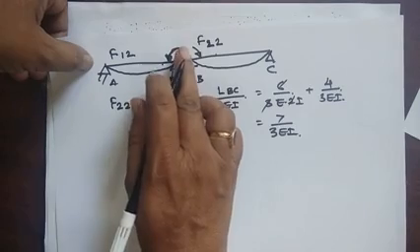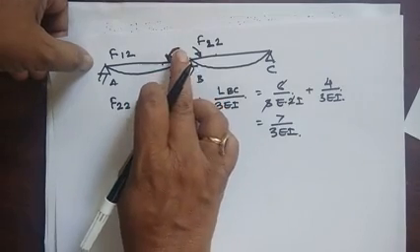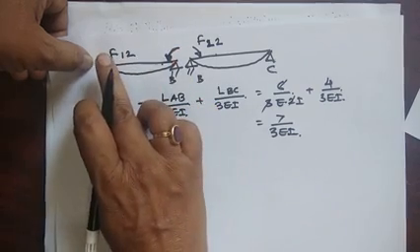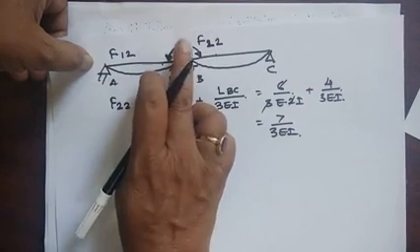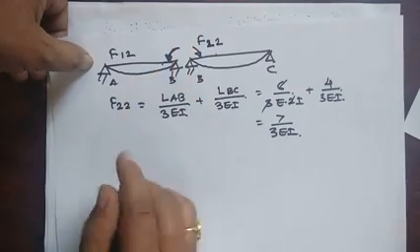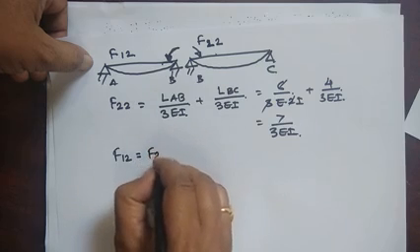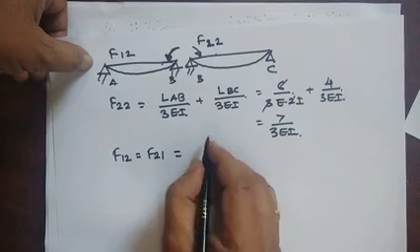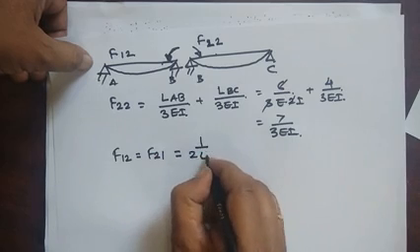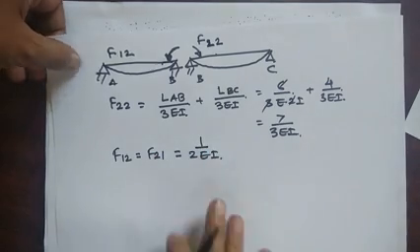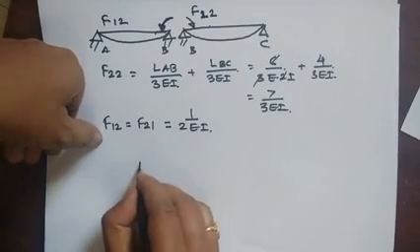Now development of the rotation at 1 due to the application of the rotation at 2. So that is F12 and that is equal to F21 and that is 1 by 2EI. So now here we have developed the flexibility matrix.